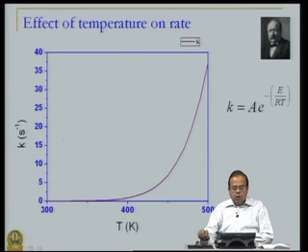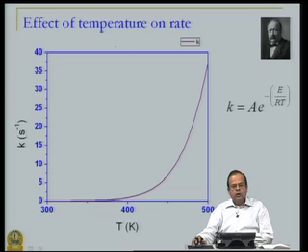Now, the dependency of the rate constant on temperature was initially observed, and an expression for this observation was provided by Arrhenius way back in the 17th century.